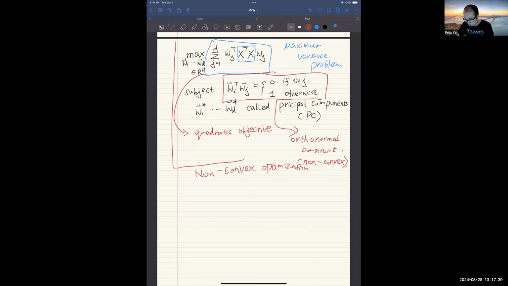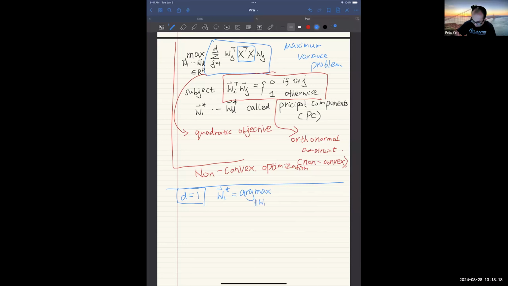Let's start with a simple one: d equal to 1. That means I only want to find just the first principal component. So we only want to find W1 star, which is the argmax.